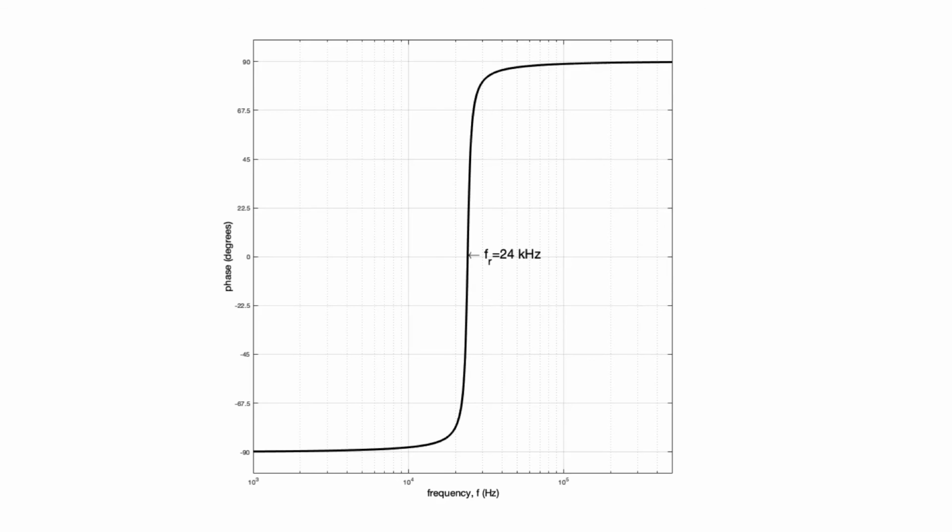This means that the phase angle approaches negative 90 degrees as the frequency approaches 0. On the other hand, above the resonant frequency, XL is greater than XC and thus the circuit is more inductive. This means that the phase angle approaches positive 90 degrees as the frequency approaches infinity.